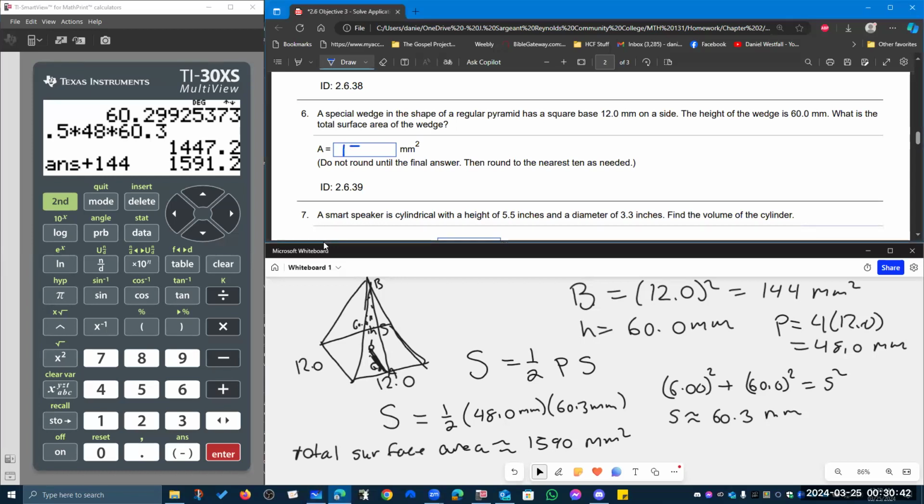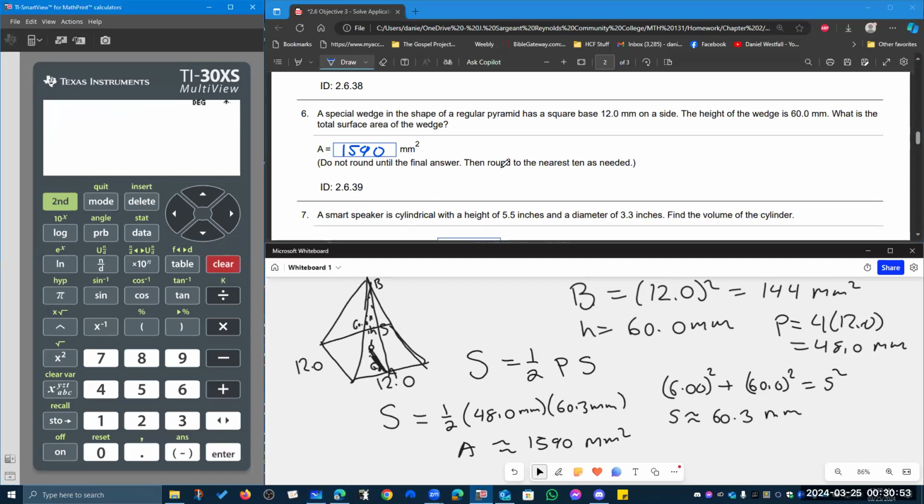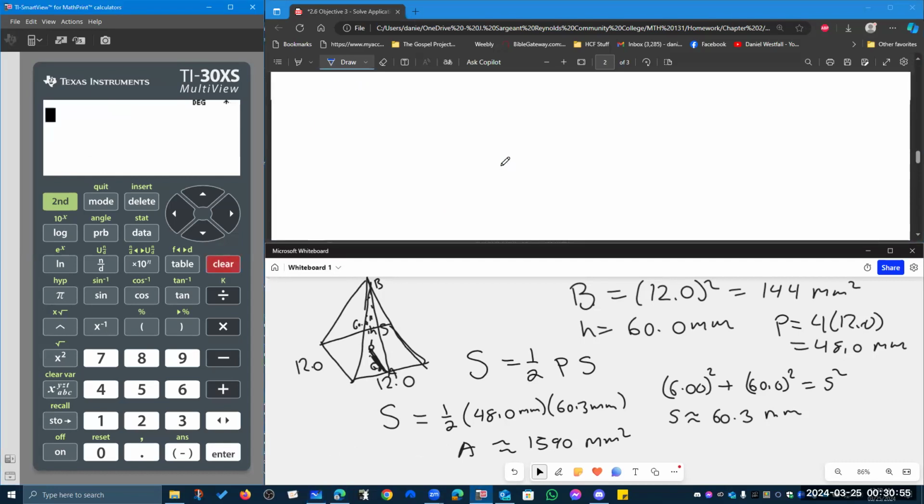Let's fill that in. A is 1590. I want to use the letter A for that. All right, that was probably the hardest problem in the set.